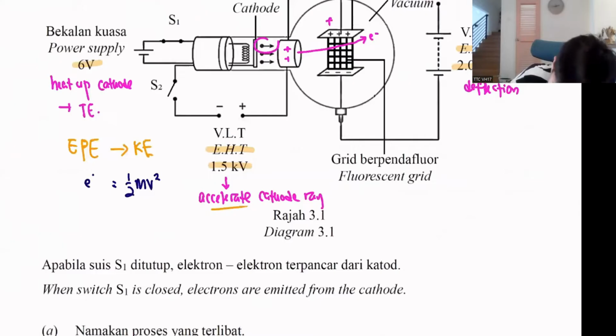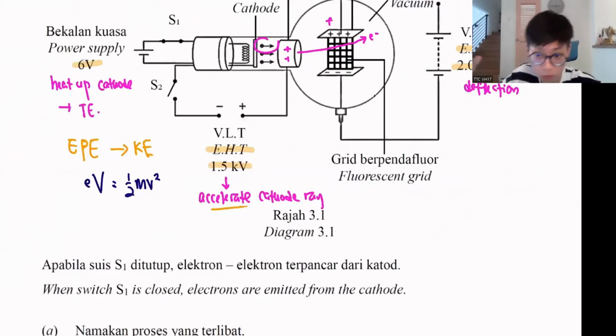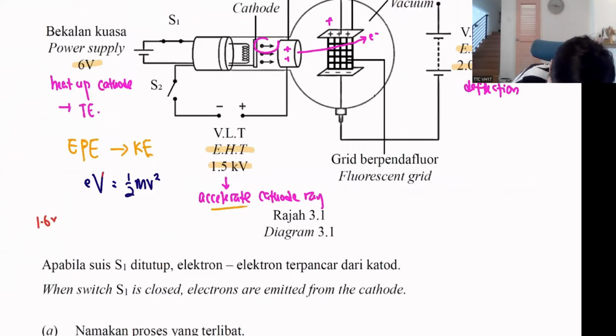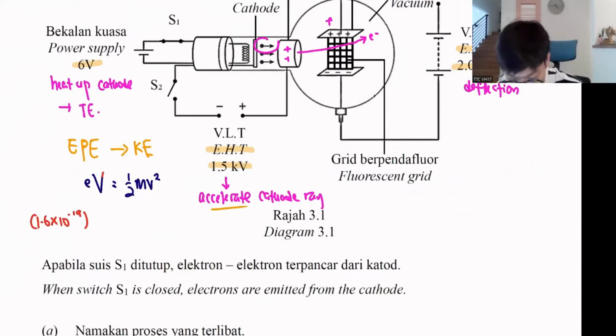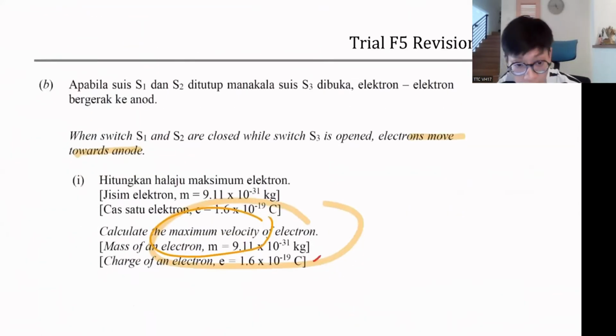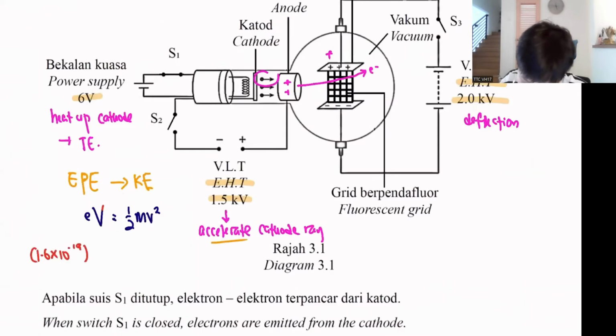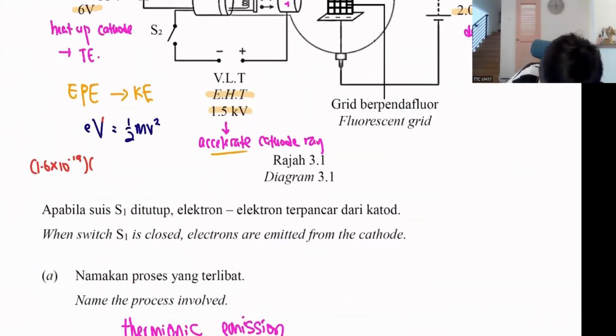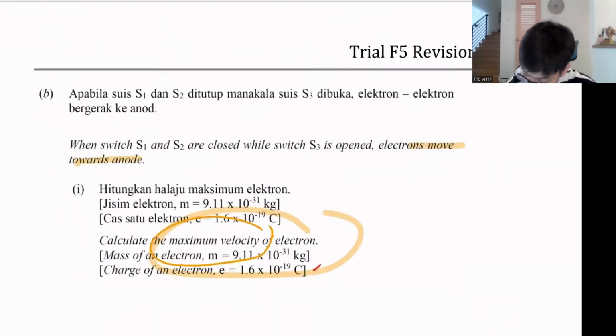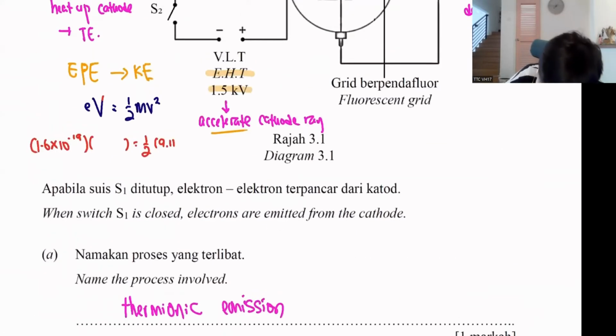This is just going to be eV. So eV equals half mv squared. The e is the electron charge, 1.6 times 10 to the power of negative 19 coulomb. Then voltage, then half times 9.11 times 10 to the power of negative 31 times v squared.